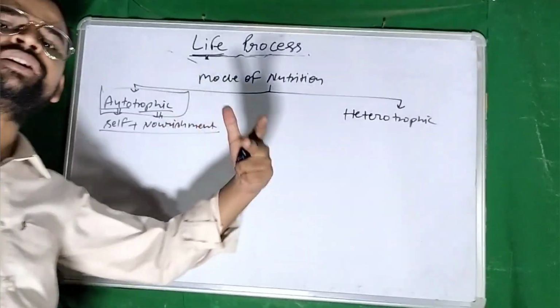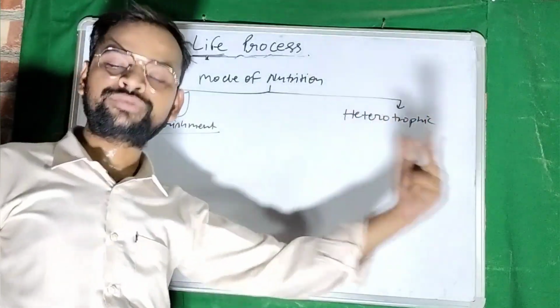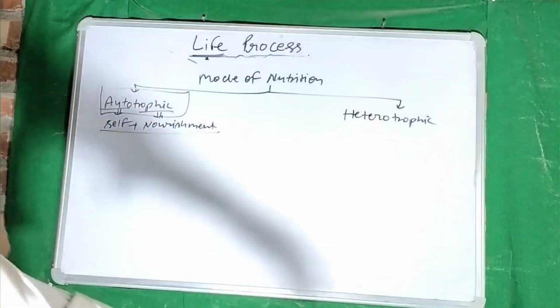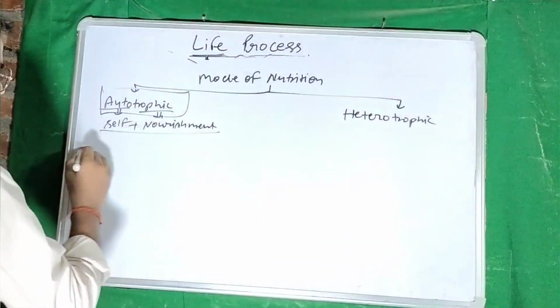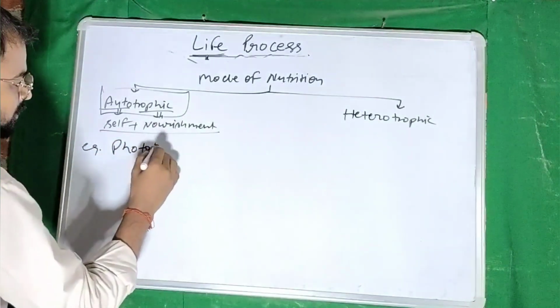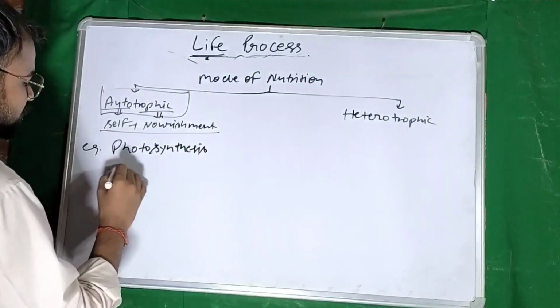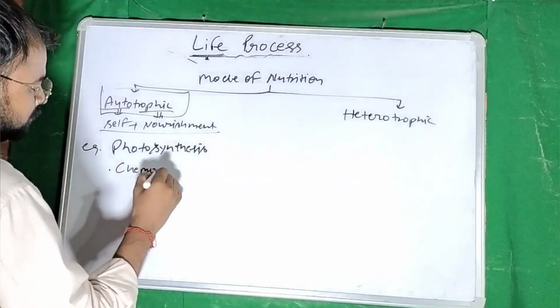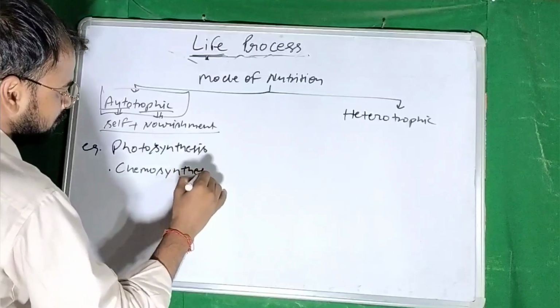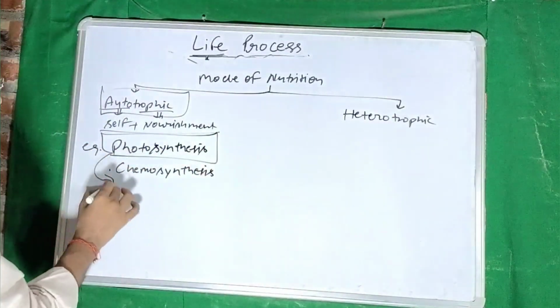They do not depend on any living organism for their nutrients, for their food, for their nourishment. Examples are photosynthesis and chemosynthesis.